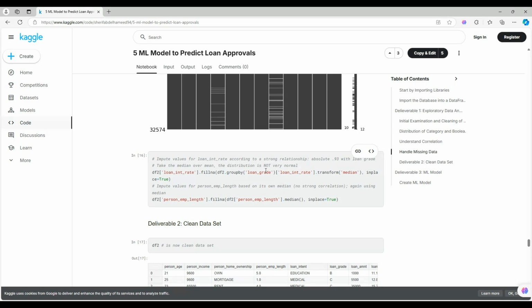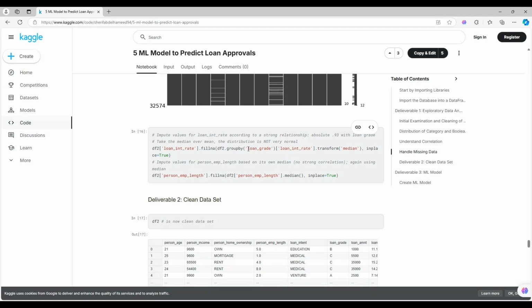All the ones that have a loan grade of B, put them together, and so on and so forth. And then for the loan interest rate, transform the non-available values into the median of these groups, and do that in place. You do not have to create another column or anything. Just do that in place.